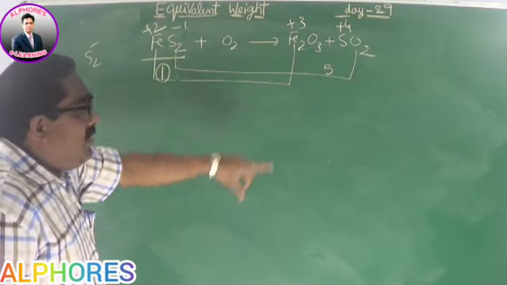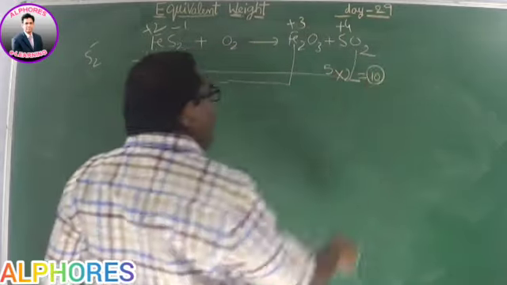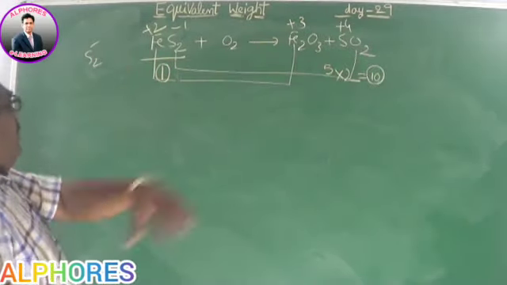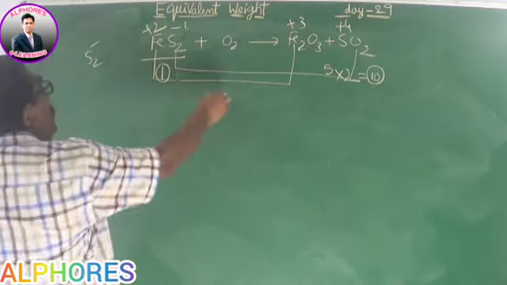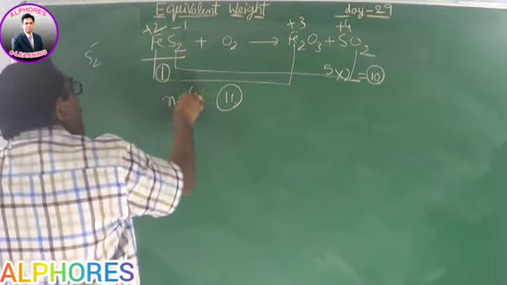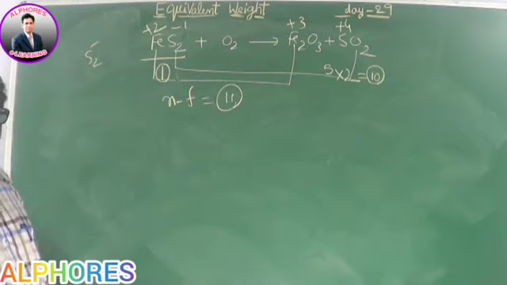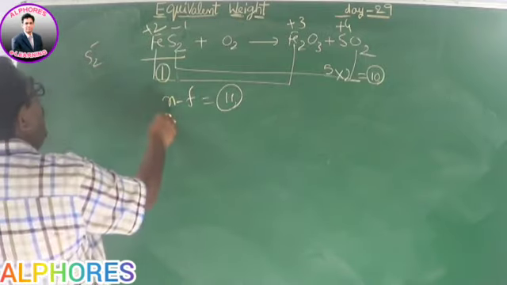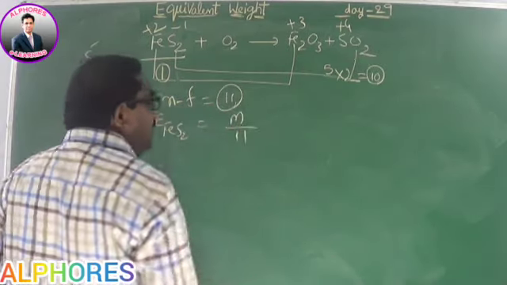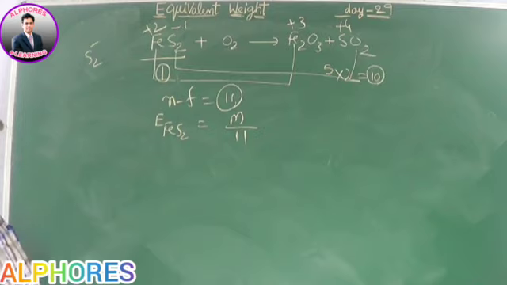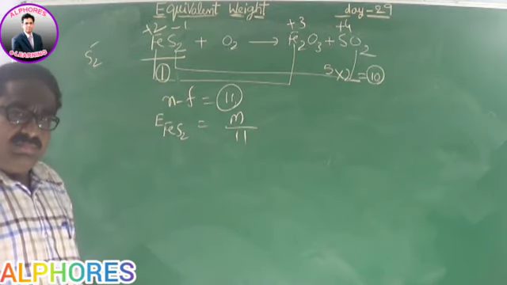For each sulfur the change is 5, and if you multiply that by 2 you get 10. Both the species are undergoing oxidation, so the total change we should consider. The N factor, NF, for iron sulfide here is 11. So its equivalent mass is formula mass divided by 11, and they will give the atomic weights and you can easily calculate that in the numerical.